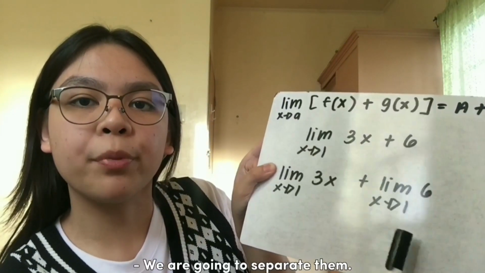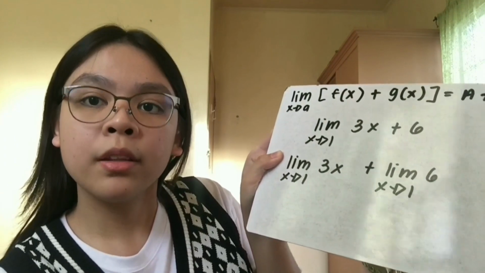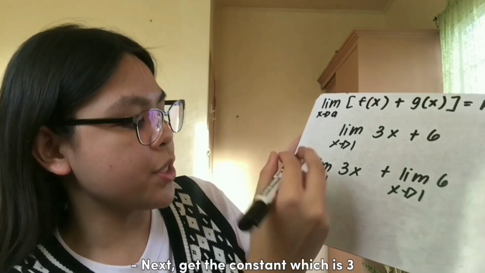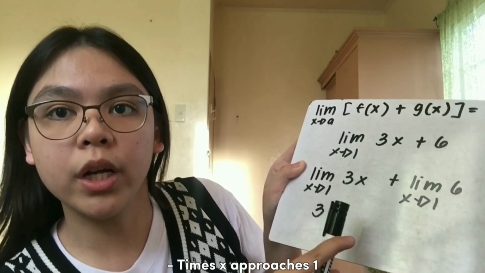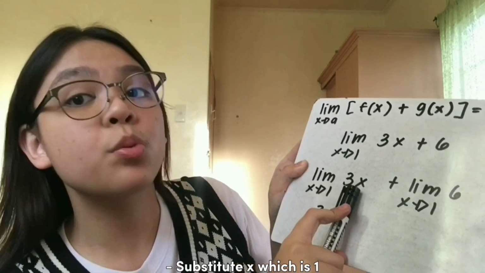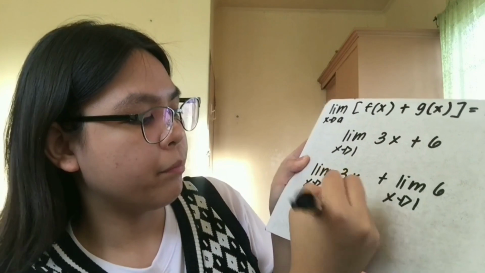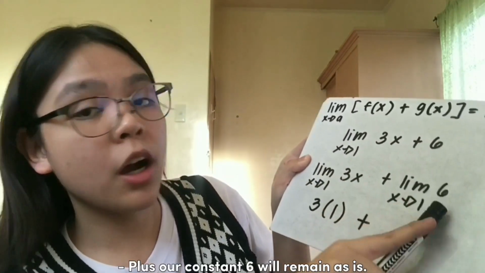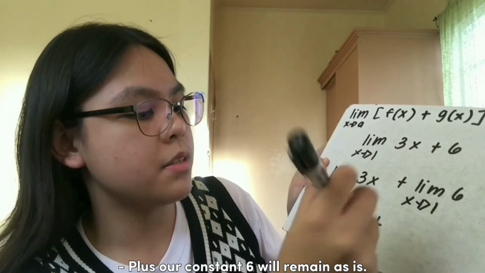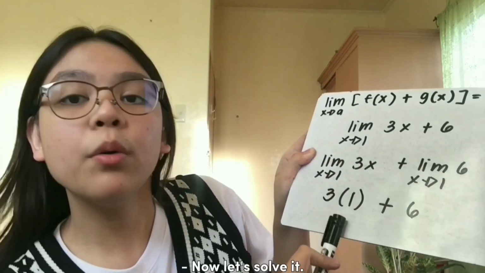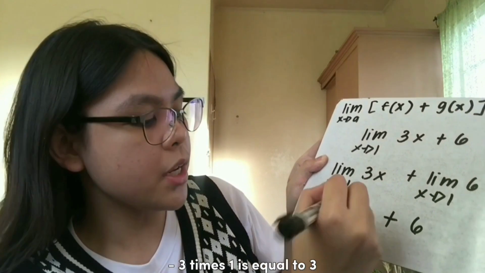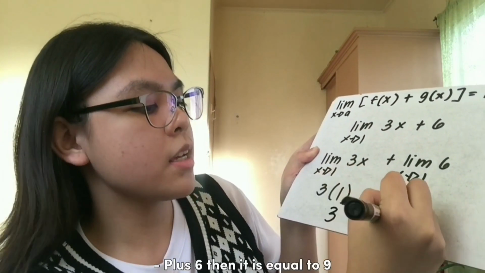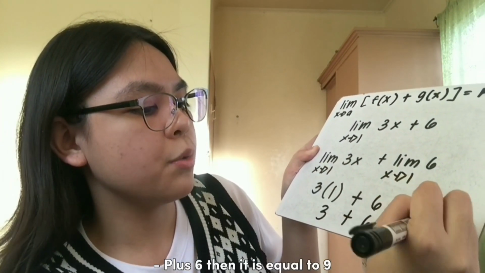We are going to separate them. Next, get the constant, which is 3, times x, substitute x, which is 1, plus our constant 6 will remain as is. Now, let's solve it. 3 times 1 is equal to 3, plus 6, then it is equal to 9.